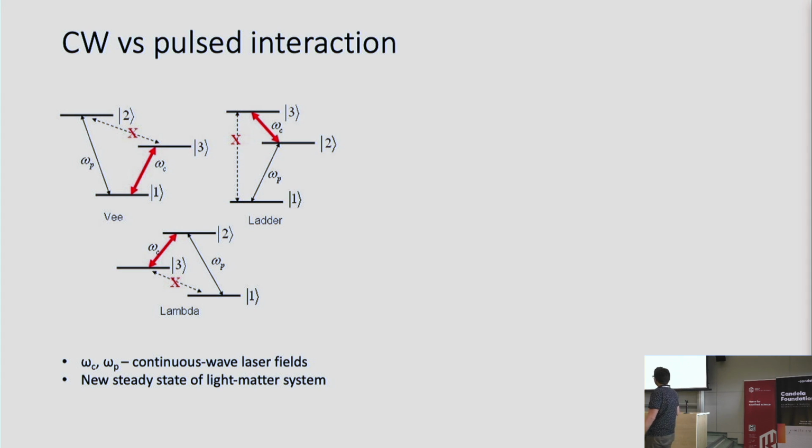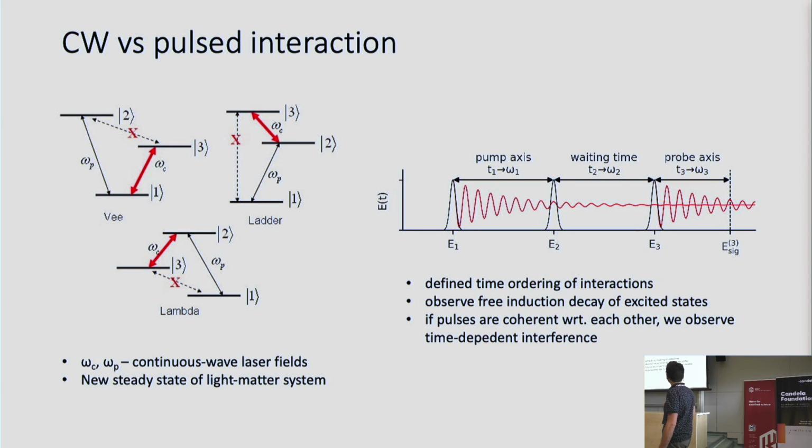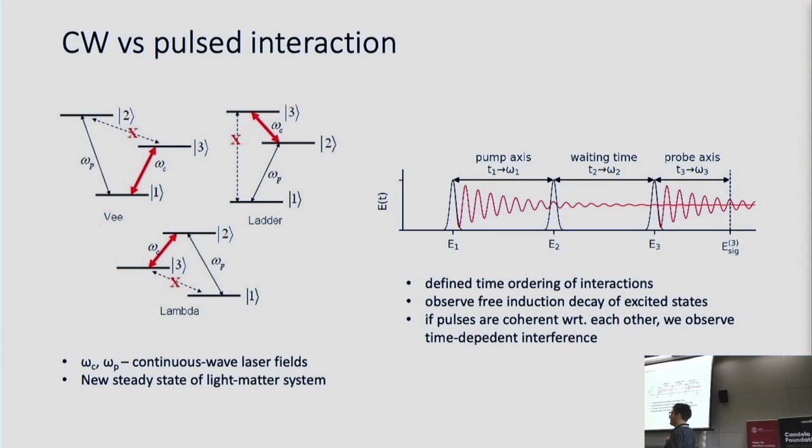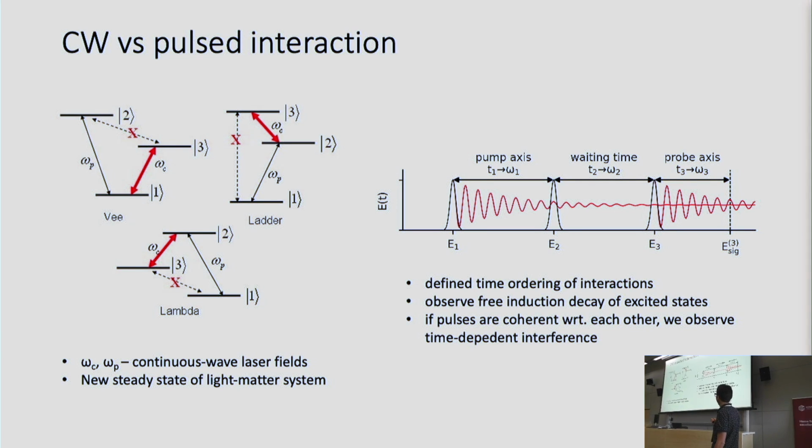But then we can consider the same matter state, but now we have pulsed lasers instead of continuous wave. So what does this mean? Well, this means that I have one interaction between, let's say, this state and this state, and I have free induction decay of this coherence that I have created between two quantum states.